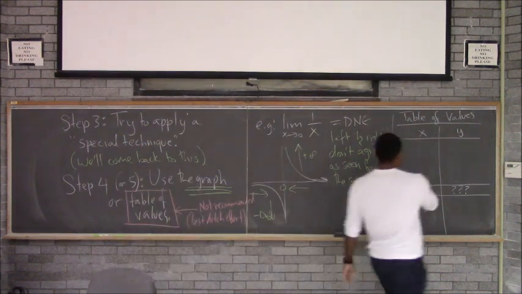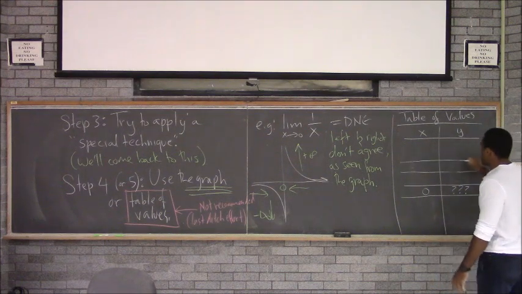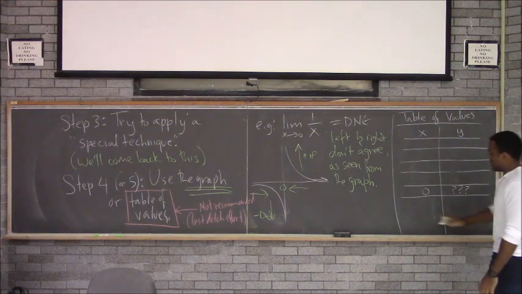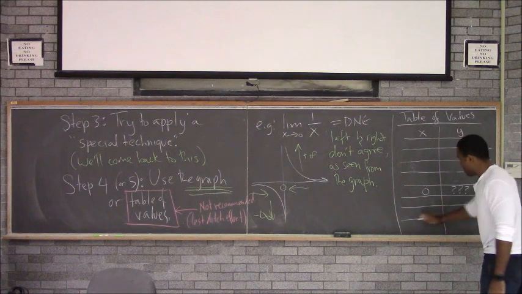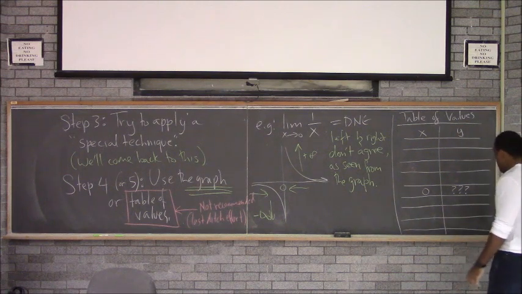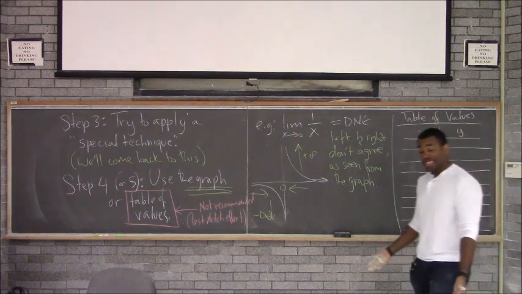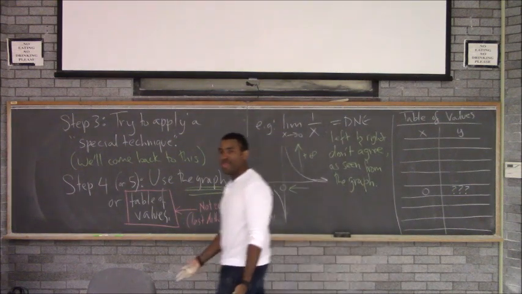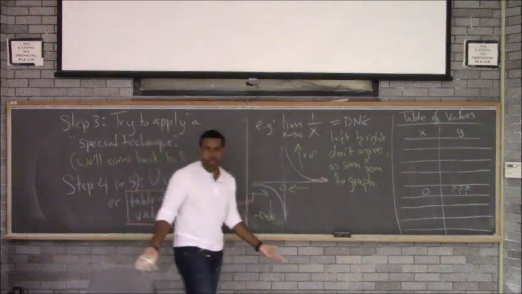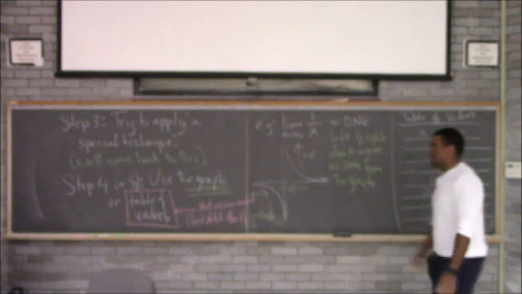So I'm going to plug in a bunch of numbers getting close to 0 from above, and plug in a bunch of numbers getting close to 0 from below. How many numbers? Well, there's no set requirement. Plug in as many as you need to see the pattern. Right? That's basically the idea, which is why it's very time intensive.